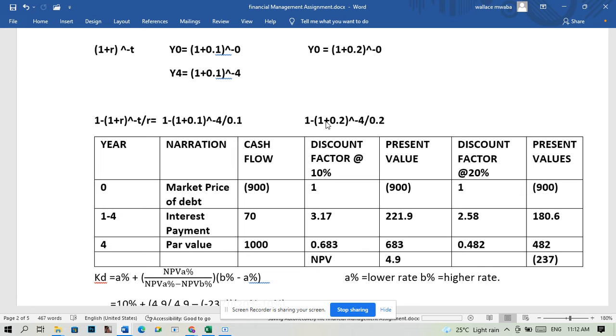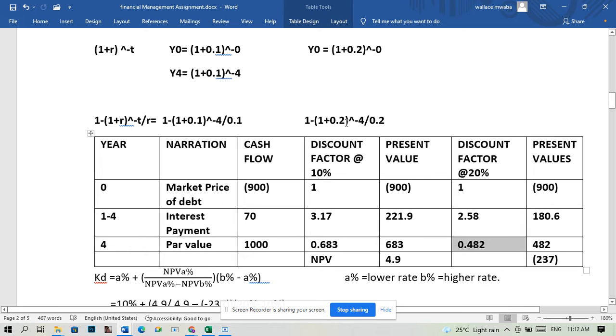So 1.2 to the power negative 4, we get 0.482, which is here, because for year 4 we're just going to use this same one.